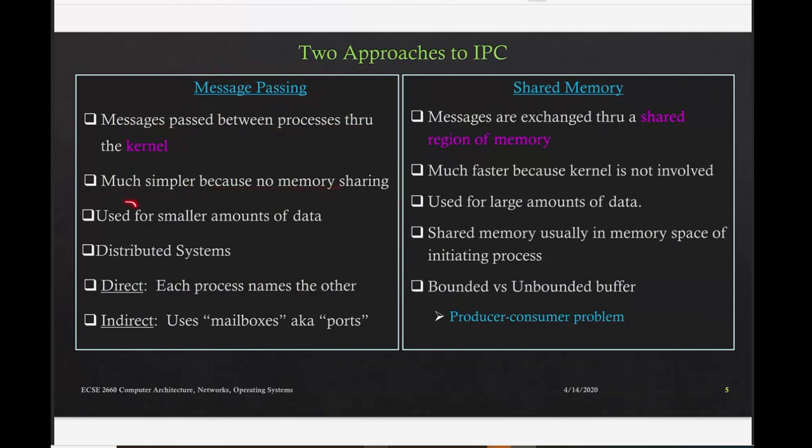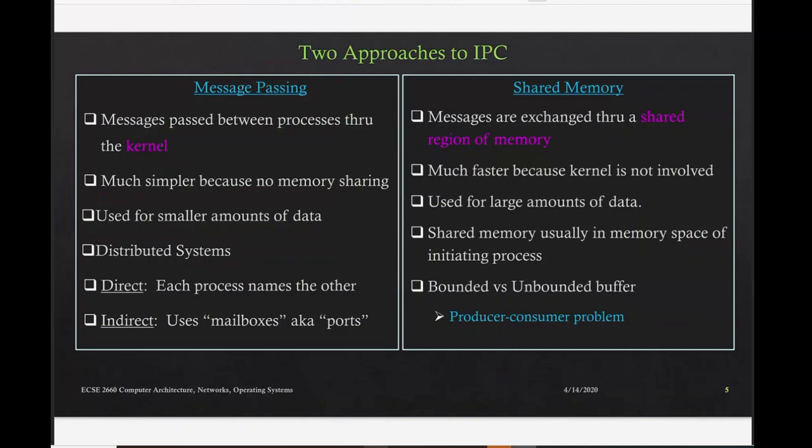It is used for smaller amounts of data because this is essentially like passing messages as opposed to large amounts of data. And message passing is very popular as far as distributed systems are concerned, or systems that are connected through a network. For example, a local area network or a wide area network.